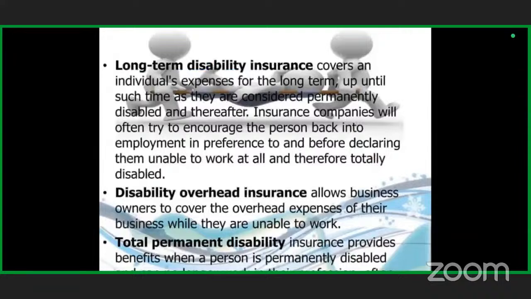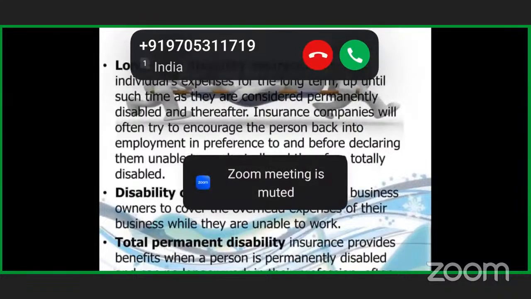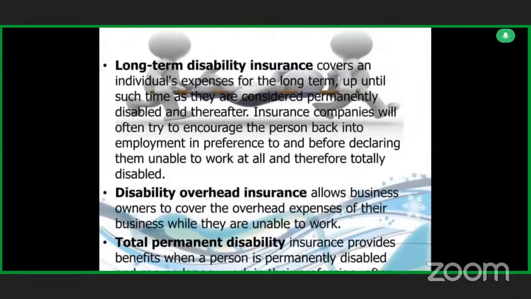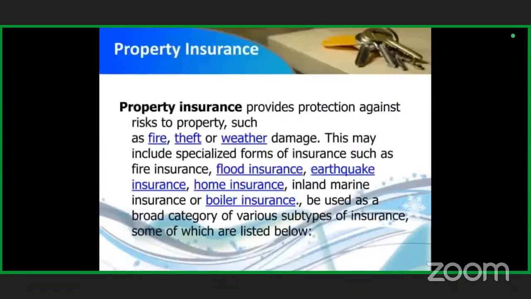Disability overhead insurance allows a business owner to cover the overhead expenses for their business while they are unable to work. If the person cannot work at all till death, that kind of insurance policy is called total permanent disability.